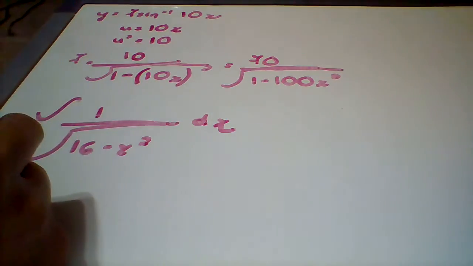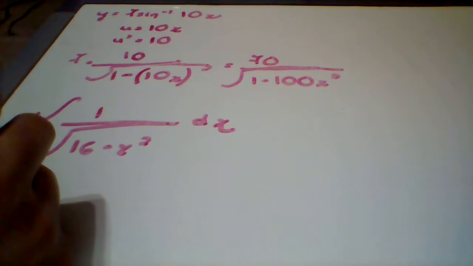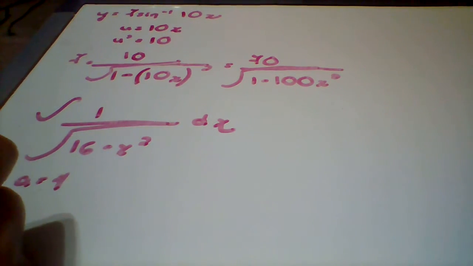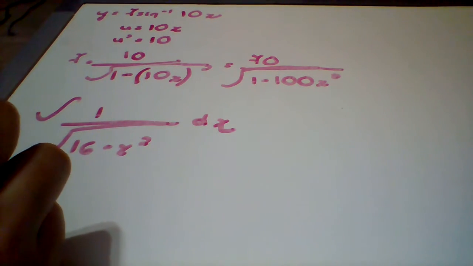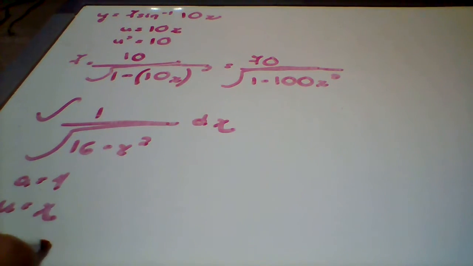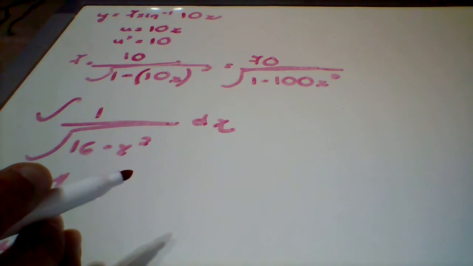So then you have to identify your variables. So in this case, a would be 4, u would be x, and du would be dx, meaning 1.